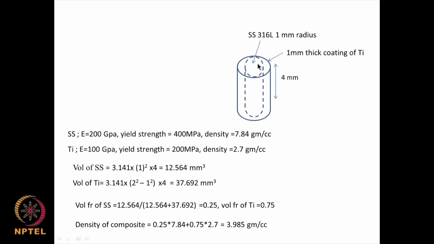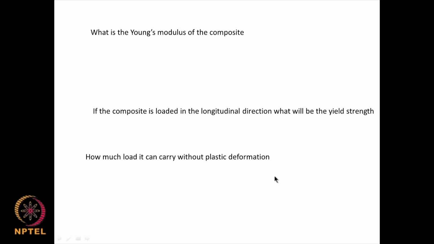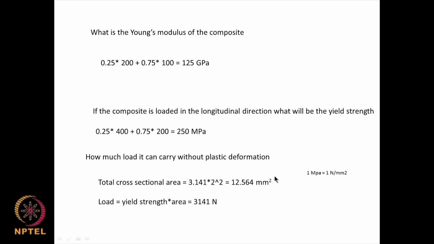We have 1 mm here, another 1 mm here, so the radius of the total thing is 2. So 2 squared into 4 is 12.56. Now, load is yield strength into area. What is the yield strength? 250. 250 into area, 12.56.